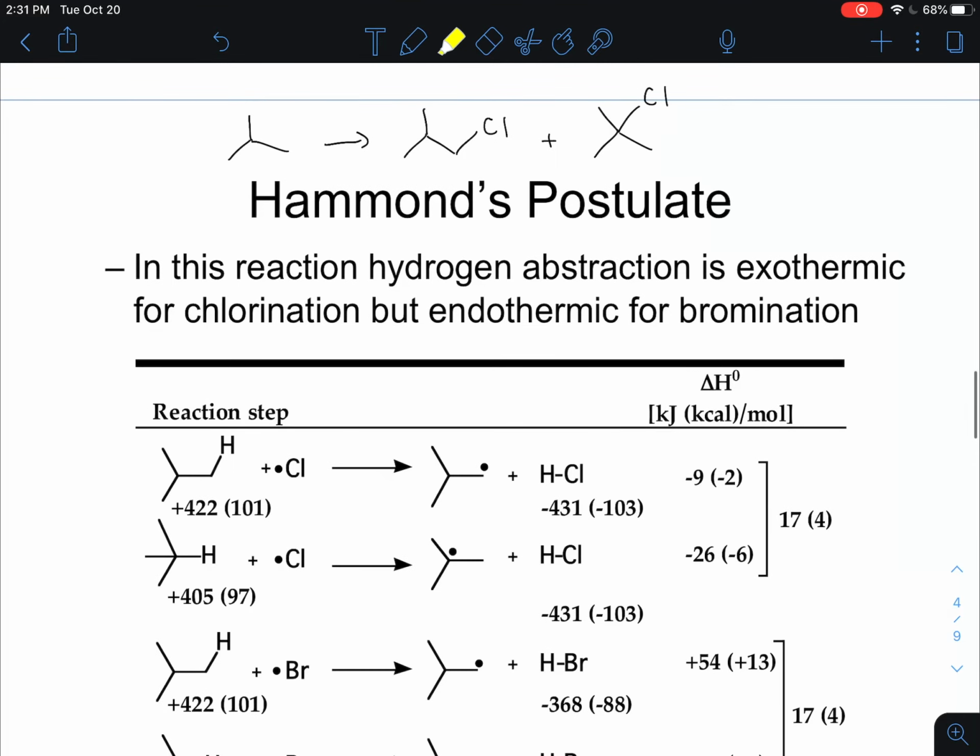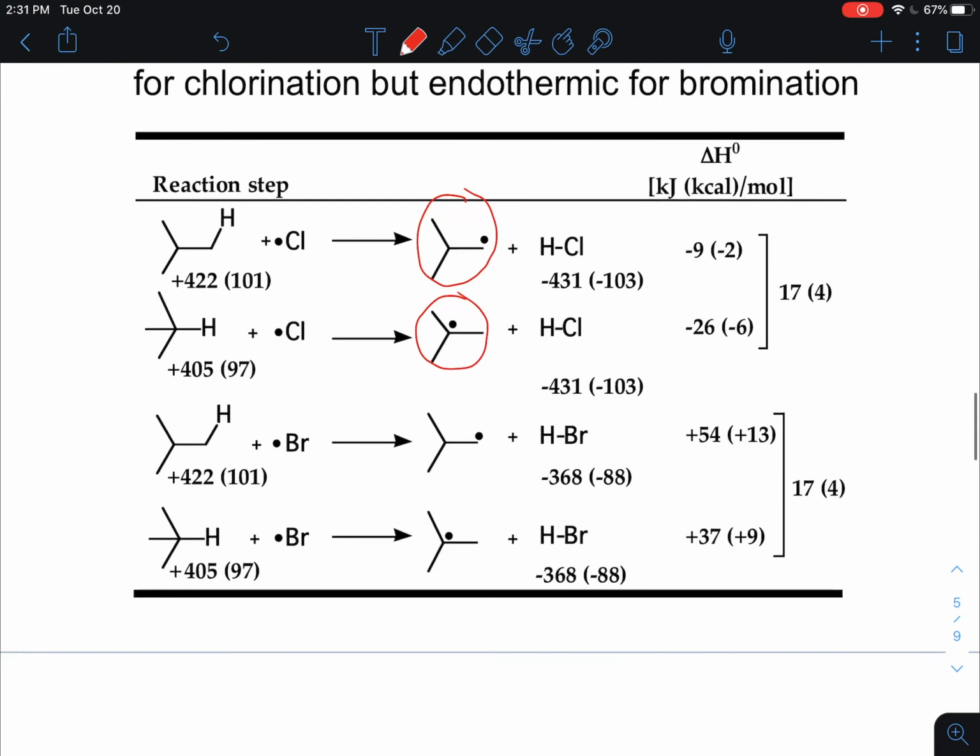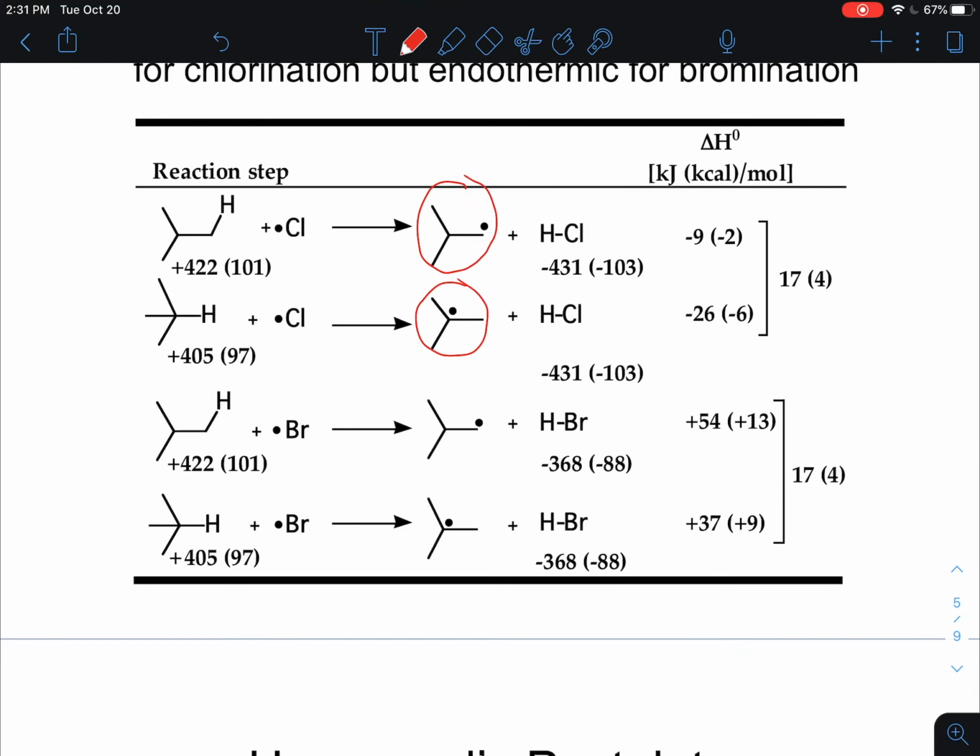So now it's asking us to consider those possibilities for chlorine and bromine. So the step we're interested in is where the halogen radical pulls off the hydrogen from the hydrocarbon to make the carbon-based radical. So that's what we're looking at here, right? It's saying compare the two radicals that could form in our reactions, whether we use it with chlorine or with bromine.